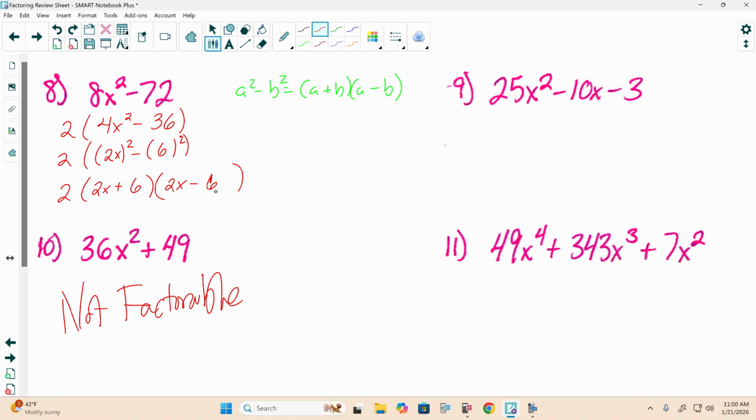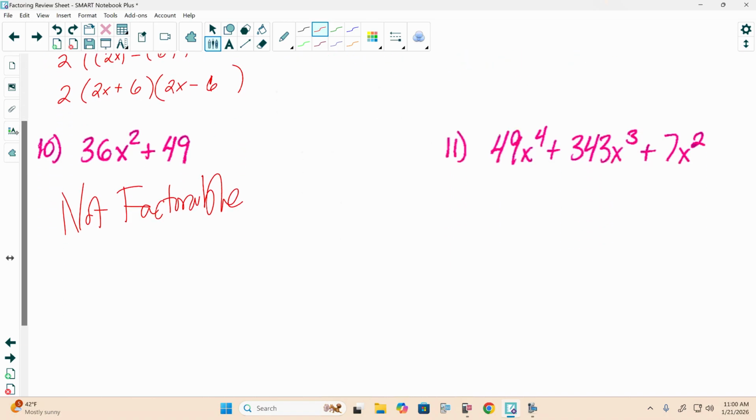And yes, it can be factored farther, because this is not the fully factored form. And the reason I say factored farther is, is there a common factor between 2x and 6? 2, isn't it? Can 2 go into 2 and 6? Yeah. So there is a greatest common factor of 2. How about here?